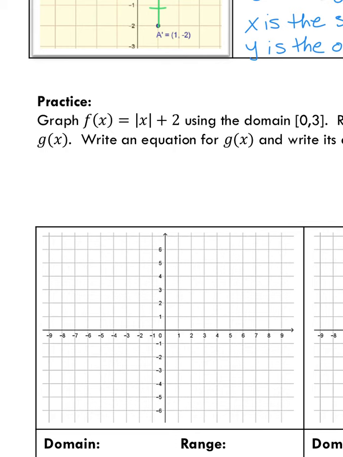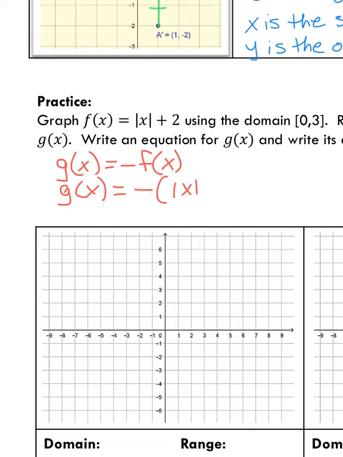So from an equation or function point of view, that means g of x equals the opposite of f of x. In other words, the output, the y values are changing. So g of x is going to equal the opposite of, I'm going to put this in parentheses, our original function here.